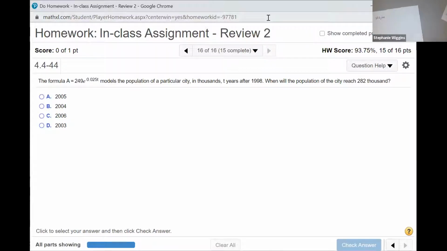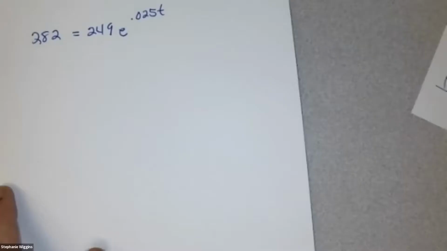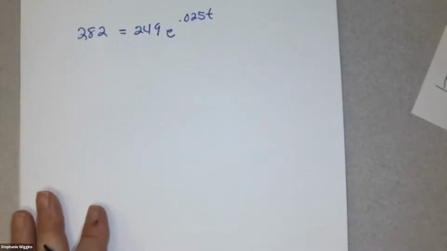hold on. Let me fix that. I'm not going to write out 282,000. I'm just going to write 282 because the model is in thousands, equals 249 e to the 0.025t. So we're going to solve this equation.